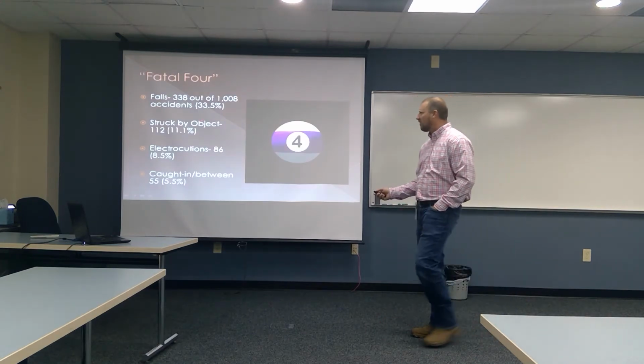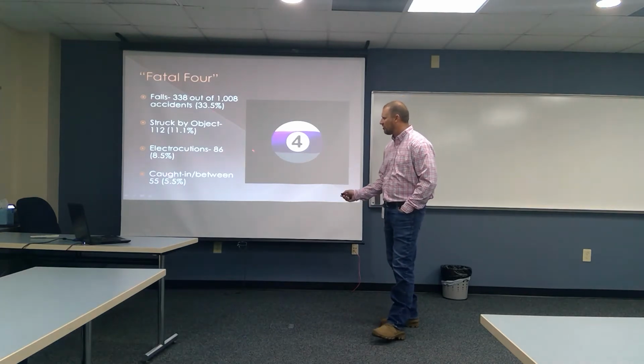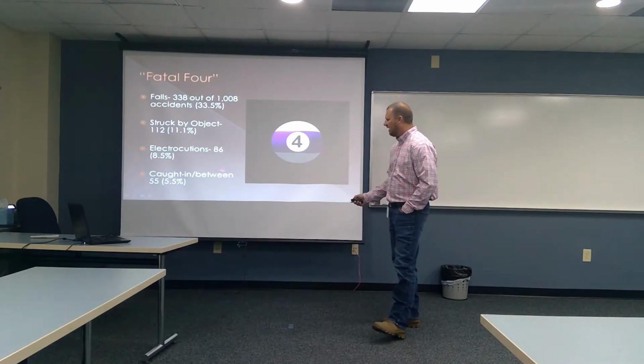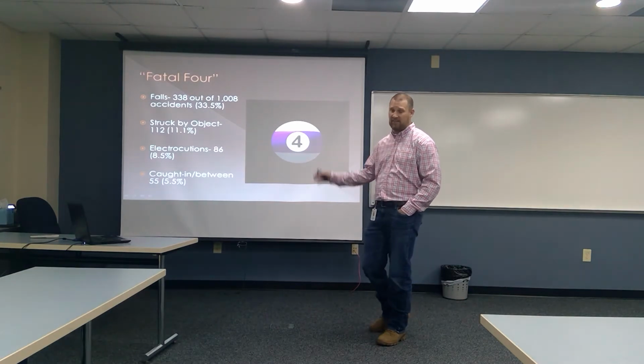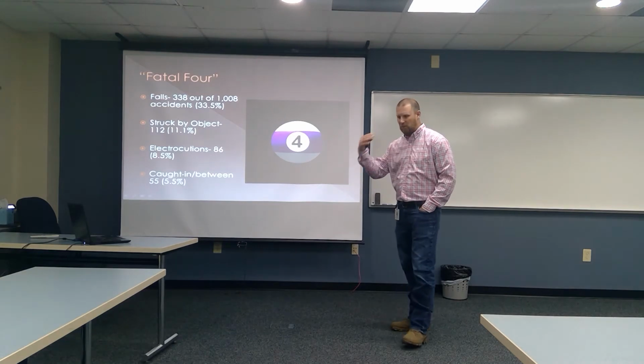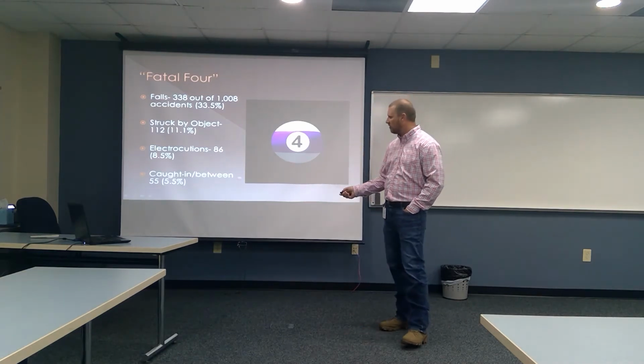OSHA talks about the fatal 4. You can see here falls about 33.5% of the time, struck by 11.1% of the time, electrocutions 8.5% of the time for our injuries, and then caught in between, crushing 5.5% of the time. So looking at these 4, it's really important for us to understand that's what we're going to pay attention to. If you have broken legs, broken arms, was it caught in between?